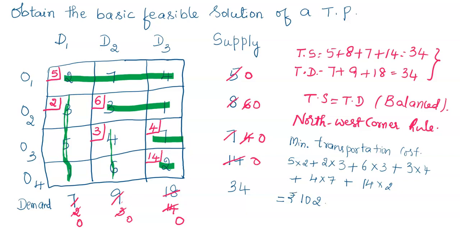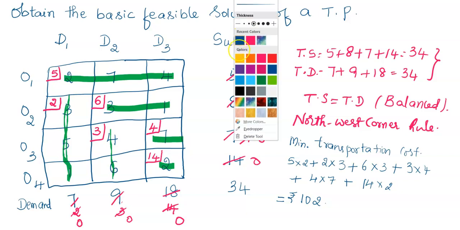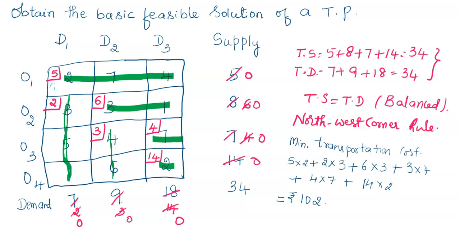Then observe the number of allocated cells. The number of allocated cells are 1, 2, 3, 4, 5 and 6. You can observe that the total number of allocations in general format is m plus n minus 1. So m denotes the number of rows.